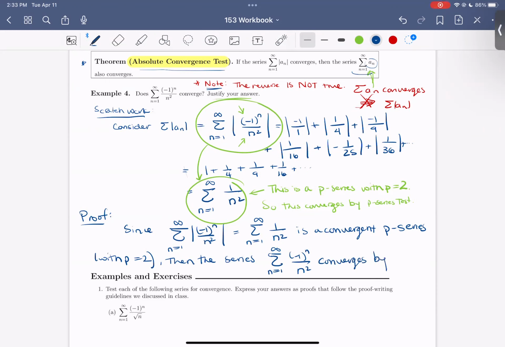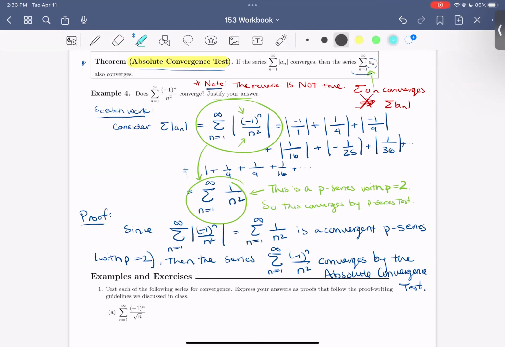Why? By the absolute convergence theorem. Done.